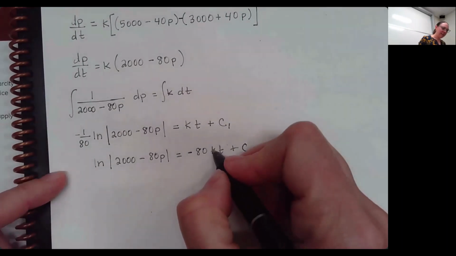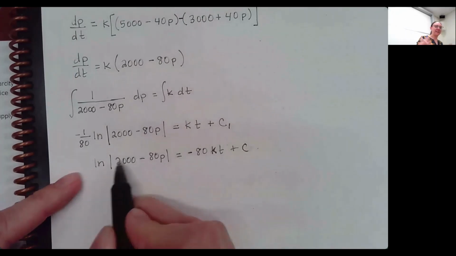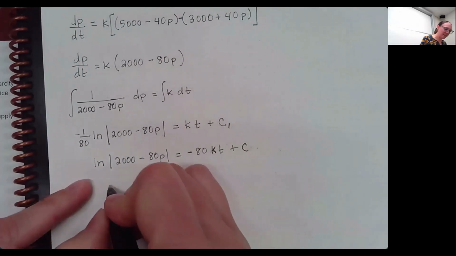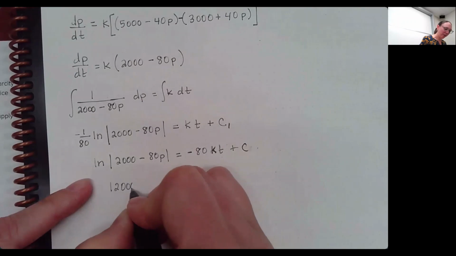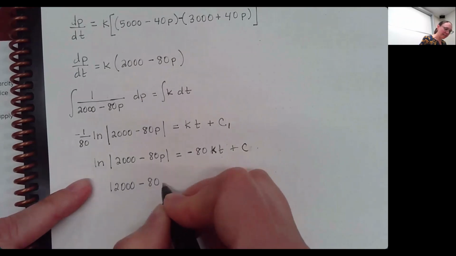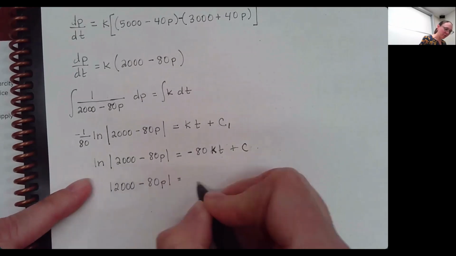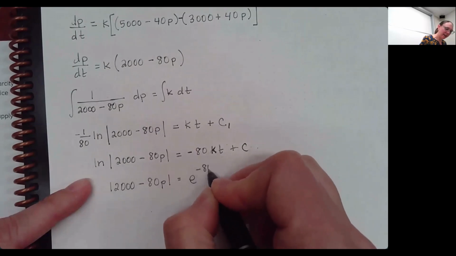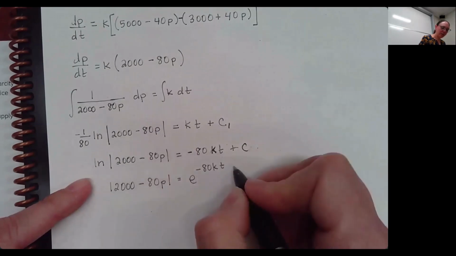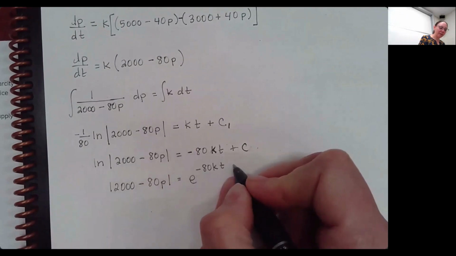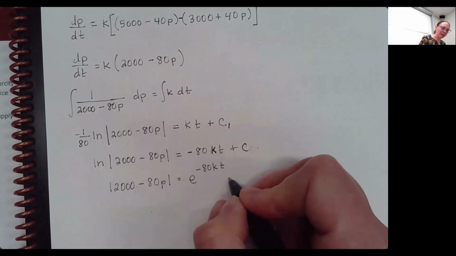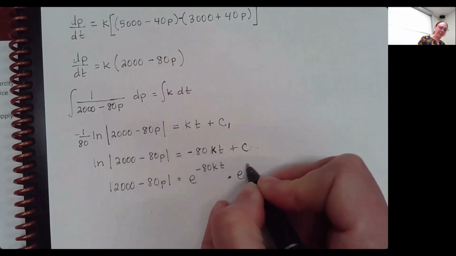Okay. Now I can do e to the stuff on both sides. And I would have absolute value of 2000 minus 80p is equal to e to the negative 80 kt plus that constant. But I'm going to do the thing where I rewrite that as e to the c.